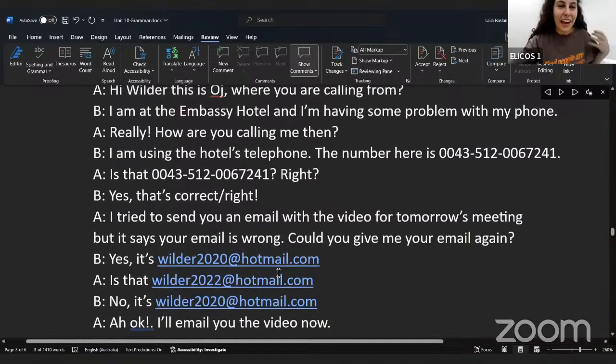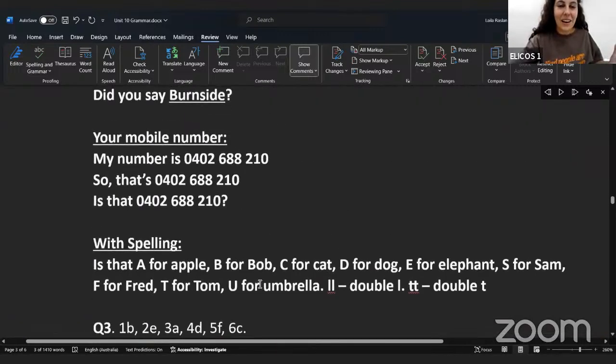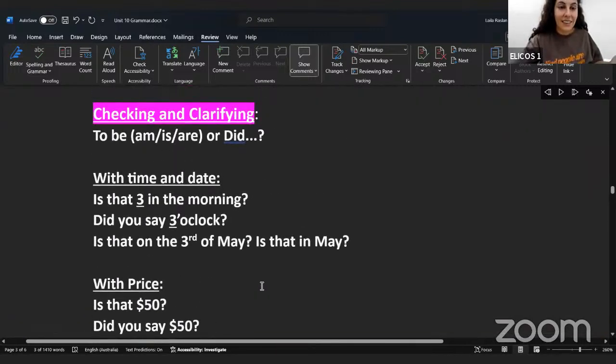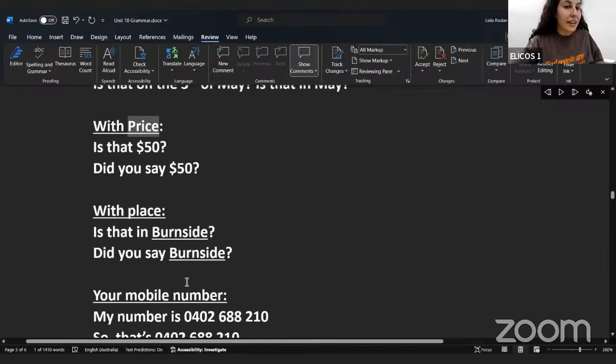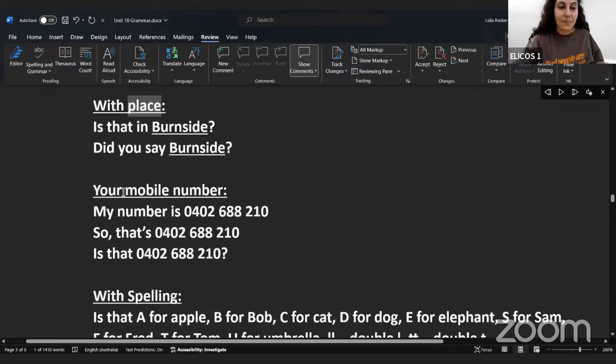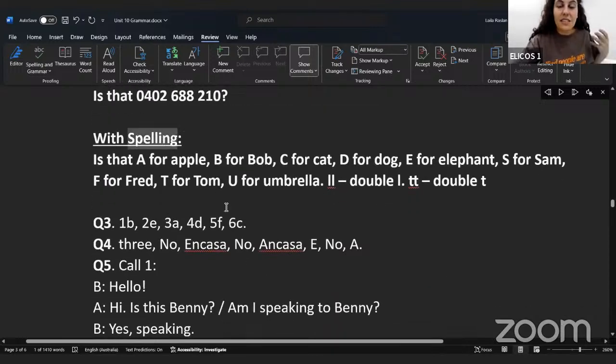Okay, so we showed how we can check that we have the correct time, the correct date. Did we hear the correct price, the correct place? To give your mobile number, to make sure that the spelling is correct.